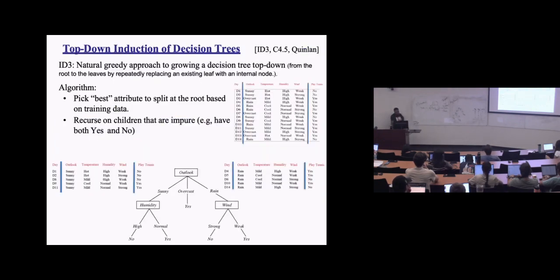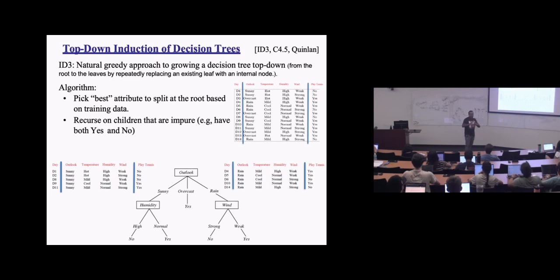All right. So now the greedy algorithm we are going to talk about is the induction process, and the algorithm is simple, just 2 lines. First line, pick the best attribute to split, because you have to pick an attribute and split. Pick the best one, and in the second, if it is pure, then you are done.